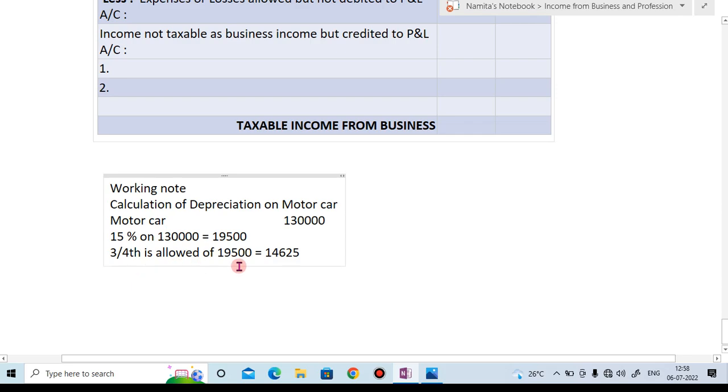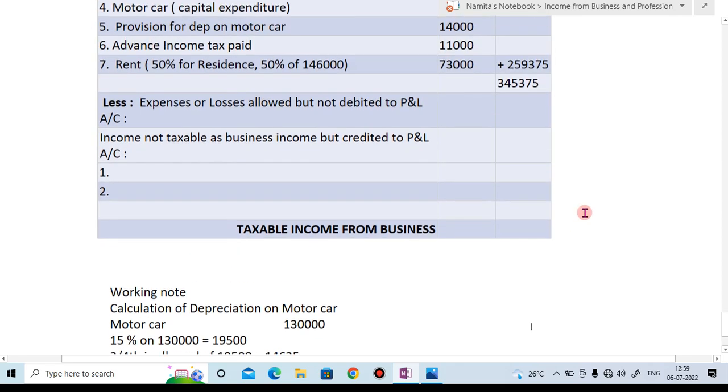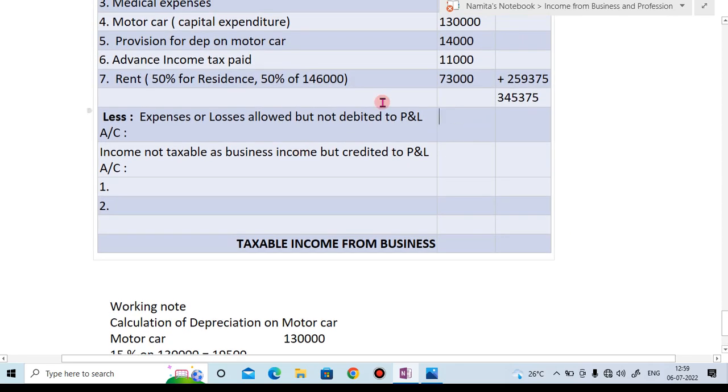So 3/4 of 19,500 is 14,625. So this is allowable expenses. So depreciation on motor car is 14,625.